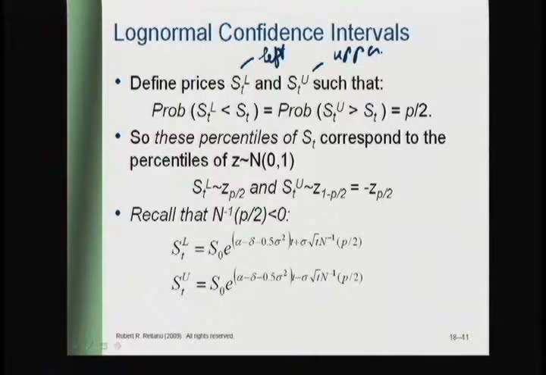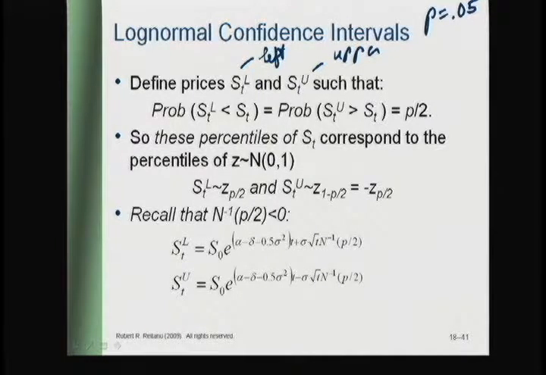And it's typical in a confidence interval, for example, if we had p equal to 5%, we would call the interval that we developed a 95% confidence interval. And what would we do? We would split the 5% in half and look for a left and a right end point, each of which leaves 2.5% of the probability outside its range.